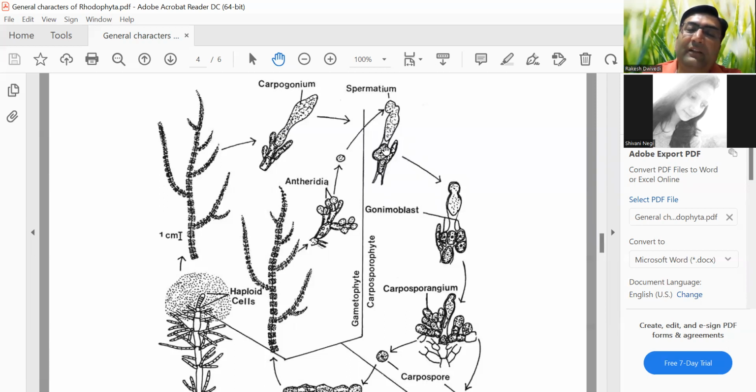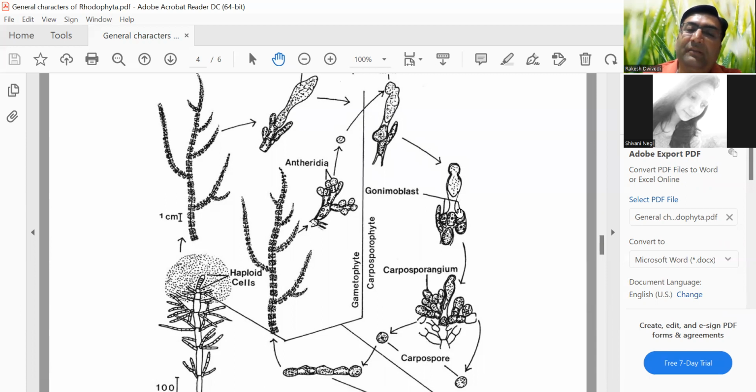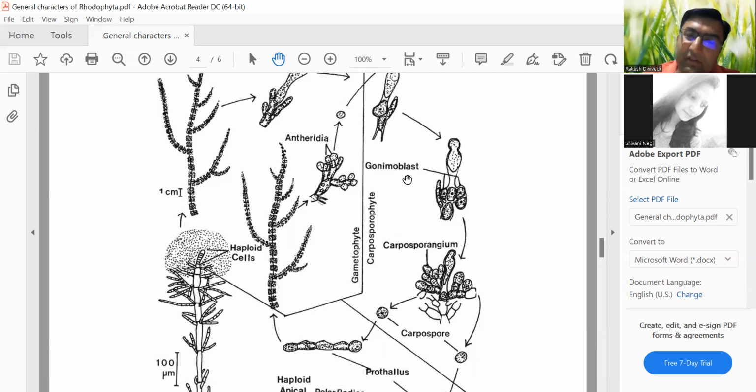Yes, after the fertilization, the zygote is formed, and this zygote is formed inside the carpogonium. From carpogonium, there is formation of the gonimoblast filaments. So these are the filaments which are coming out from this carpogonium. And these gonimoblast filaments, they produce carposporangium.